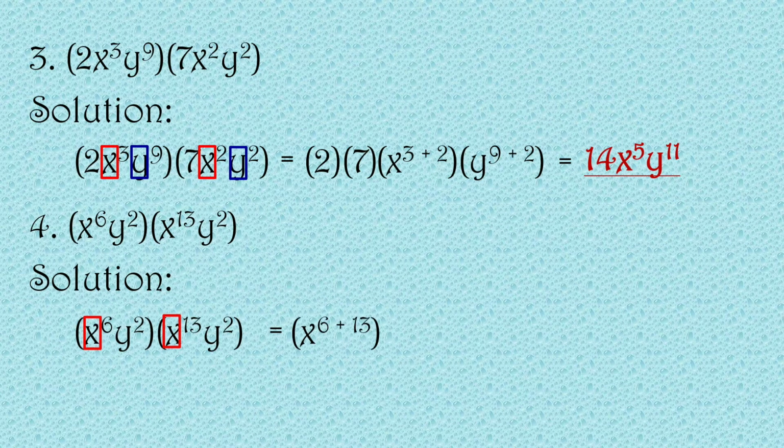So, 6 plus 13 is 19. And then, yung y, add natin exponent niya. So, 2 plus 2 is 4. So, ang sagot natin ay x raised to 19, y raised to 4. So, ganun lang po yung product of powers. Pag meron tayong magkaparehas na base, i-add lang po natin yung kanilang exponent.